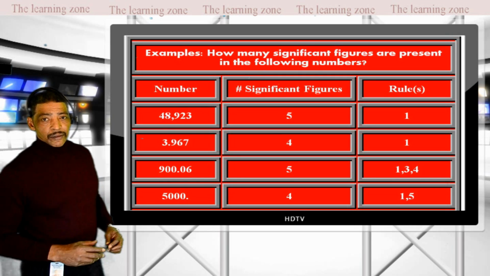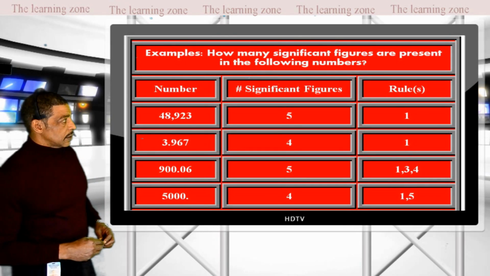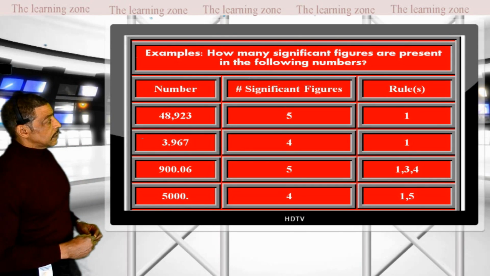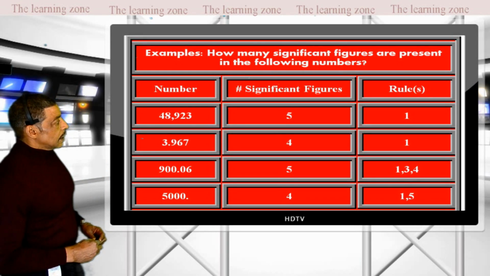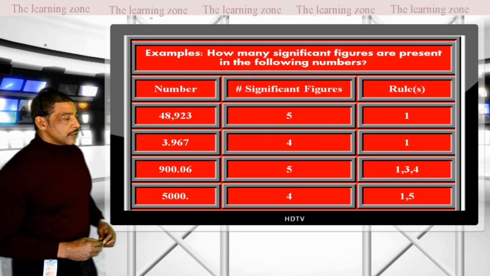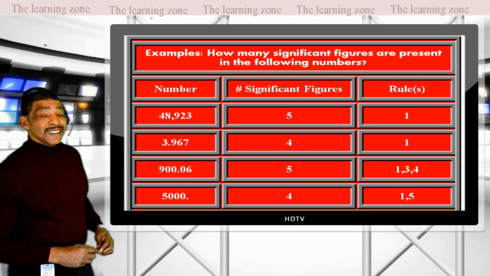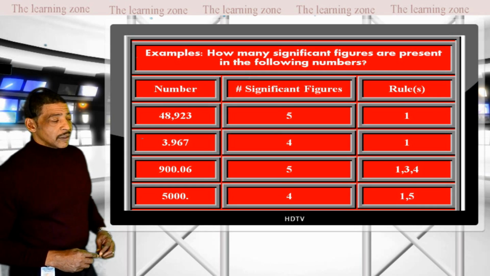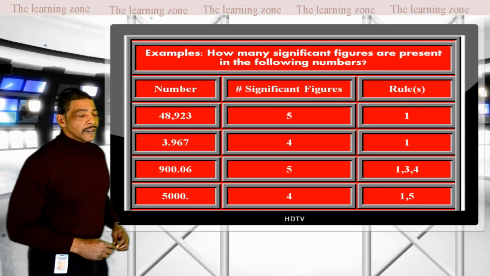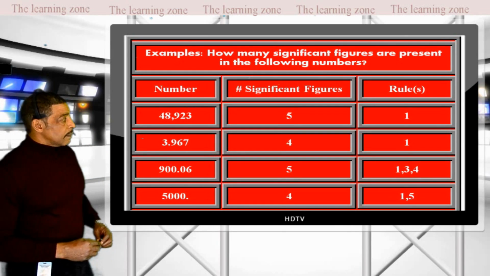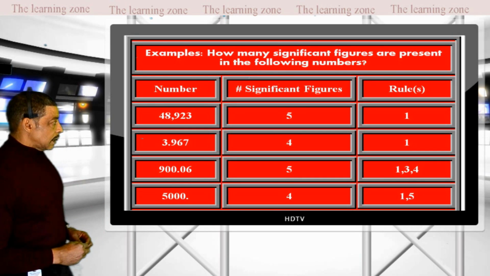This measurement contains 5 significant figures because all the digits are non-zero digits. 3.967 contains 4 significant digits for the same reasoning. 900.06 contains 5 significant digits because this measurement contains embedded zeros, and embedded zeros are always considered to be significant. And finally, 5,000. contains 4 significant figures because the trailing zeros are followed by a decimal point.